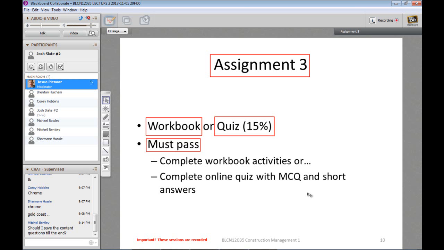So this one is a dangerous one to miss. I urge you guys to just get going on it and hand it in. And if you sleep late, you are welcome to do the quiz. The quiz might be quicker to do, might be more difficult. If you really read the workbook, it's difficult to fail the workbook. It's just going to take you a while to do it.